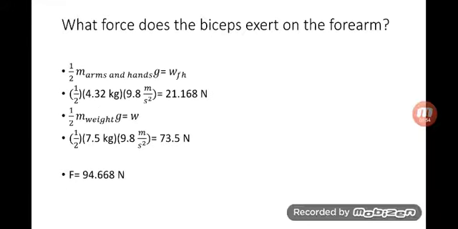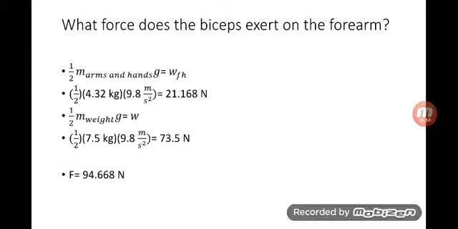Now, what force does the biceps exert on the forearm? So, since you have two arms and hands, you have to multiply it by 1/2 and just use the force of gravity, which is simply weight.